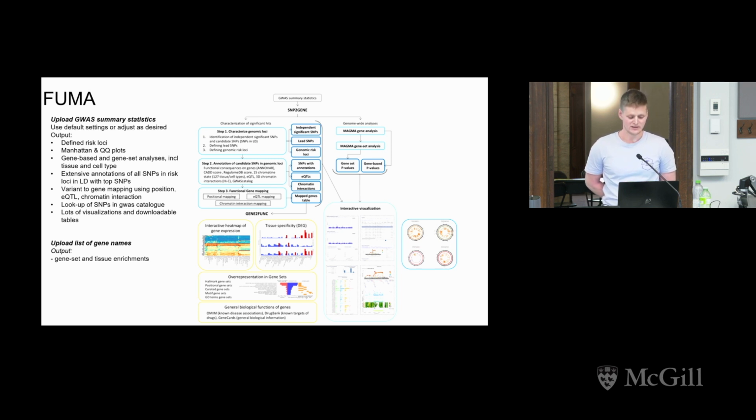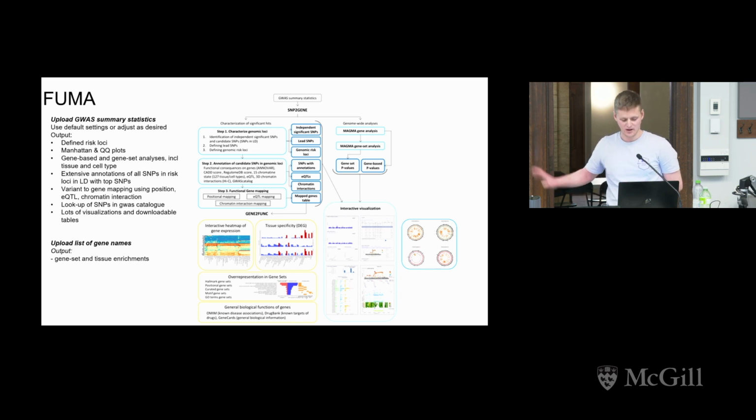How it works basically is you upload your summary statistics, and then it does all these things. It will annotate genomic loci for you based on LD and distance. It will annotate the variants that are in those loci with lots of different information, and then aggregate that for you and make plots.